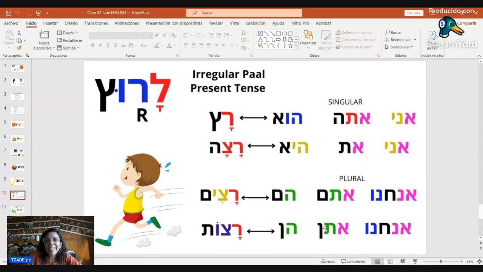Anachnu, aten, hen, ratzot. So you can rock and roll, or country, or pop. The rhythm is more catchy. Rats, ratza, ratzim, ratzot.